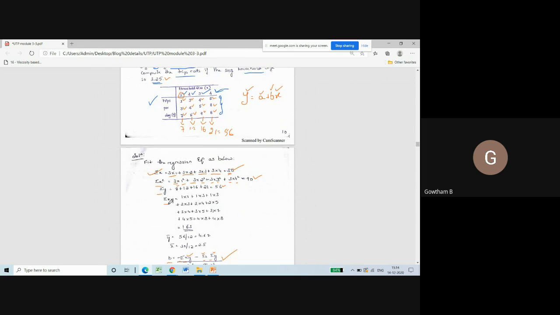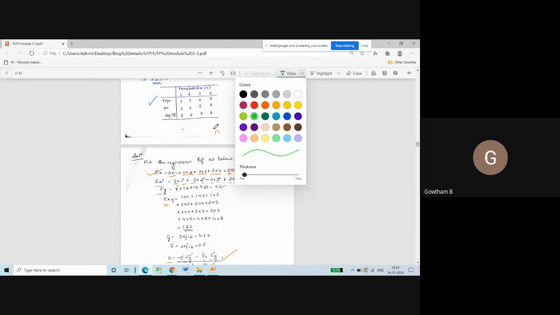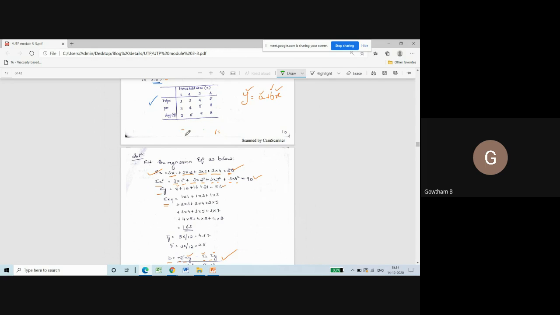Next, you have to calculate the summation of xy value. How do we calculate summation of xy? I will show it here. Let me erase all these things. Okay, summation of xy, how you have to do it is 1 into 1 plus 1 into 3 plus 1 into 3. That's what I did here.